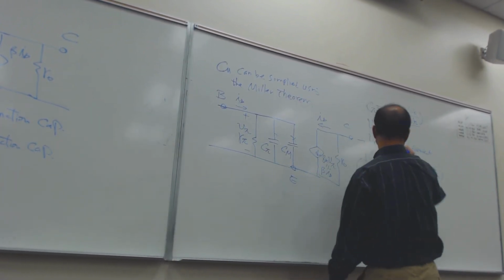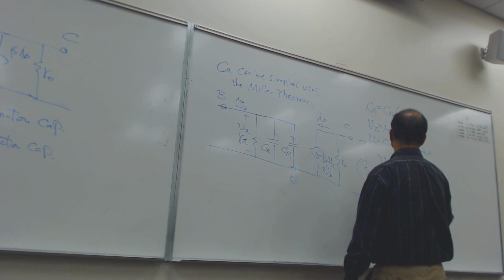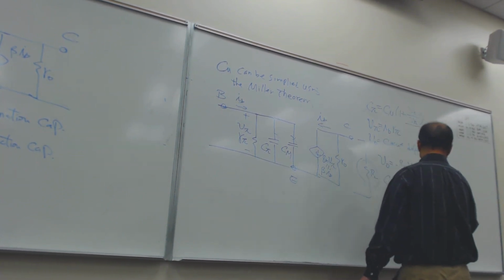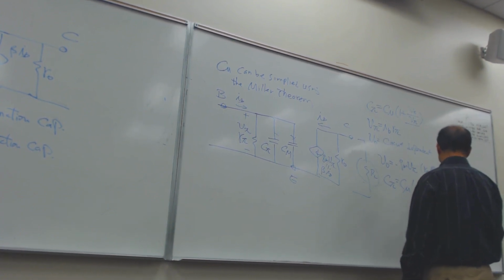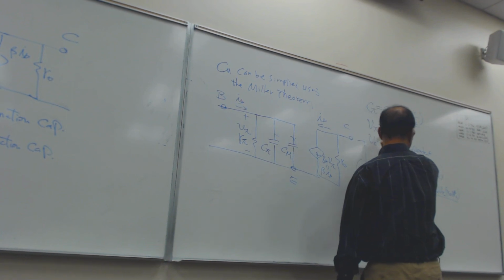And so therefore, C sub pi is C sub mu times 1 plus minus g sub m V sub pi times R sub O in parallel with R sub L, over V sub pi.